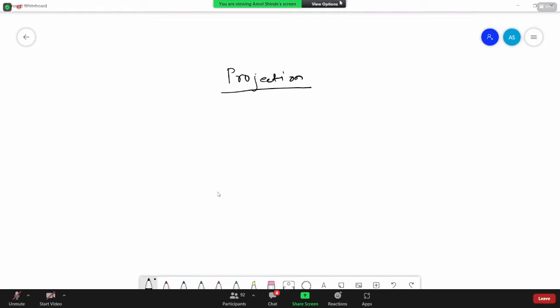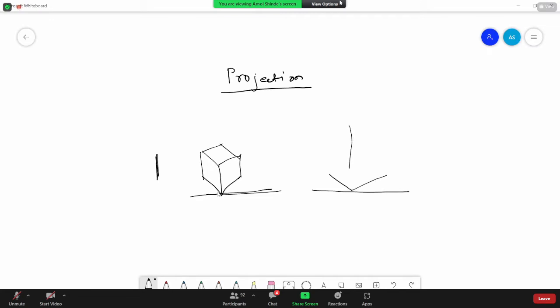So do you know what is projection? Let us say, आपने देखा होगा, I'll draw one solid. How does this look? ये कैसे दिखता है?